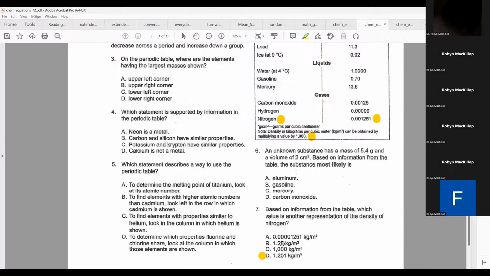Robyn, just tell how you will be knowing that you have to multiply or you have to divide. Like the first question you divided and the second one you multiplied. Oh, the first question, number 6, was division because of this right here. Grams divided by centimeters cubed. So like there will be a clue that it will be divided or multiplied.